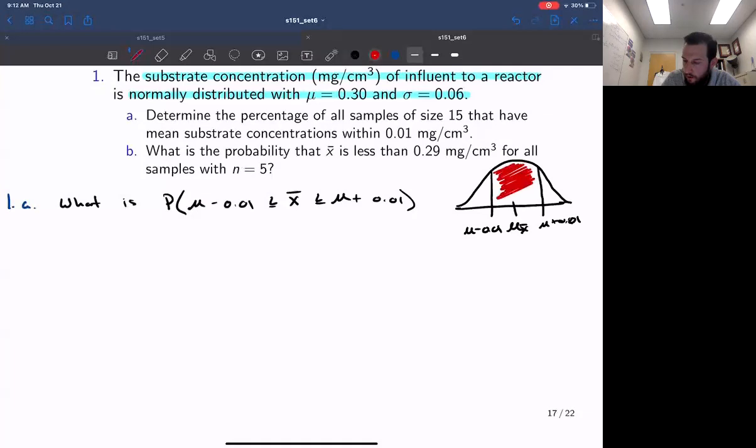So we're looking for this area here underneath the normal curve. So we want to be within these two quantities. I'm going to make this mu.